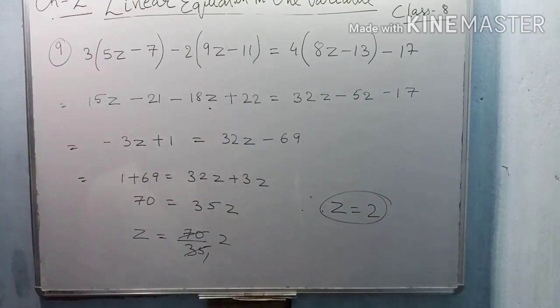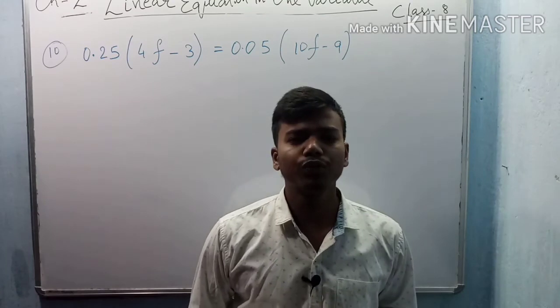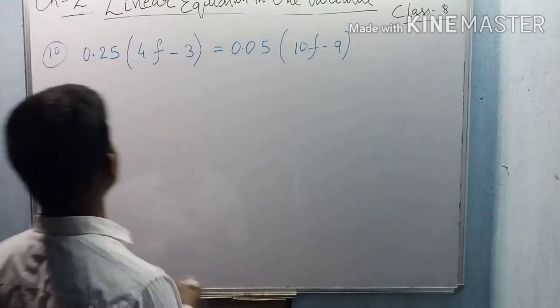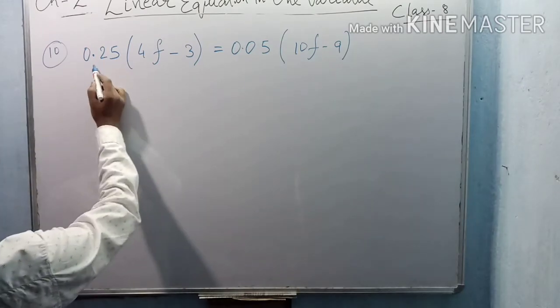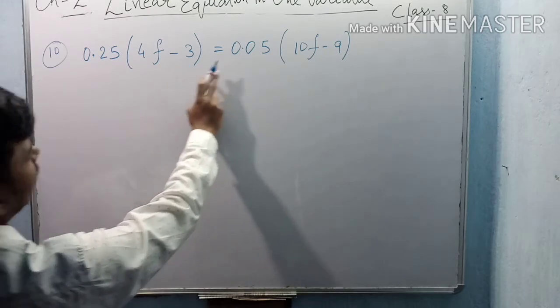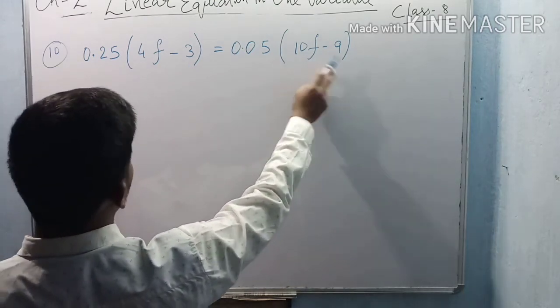Okay, simple. Let's move to the 10th question, the last question of this exercise. What is the question? Here is the point question: 0.25 bracket 4f minus 3 equals 0.05 bracket 10f minus 9.